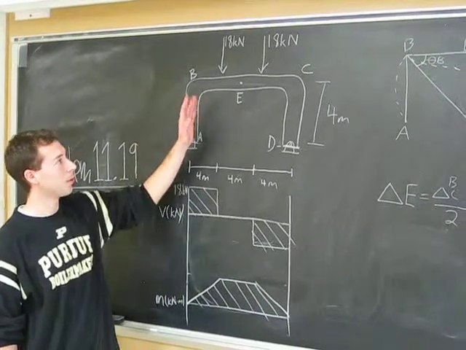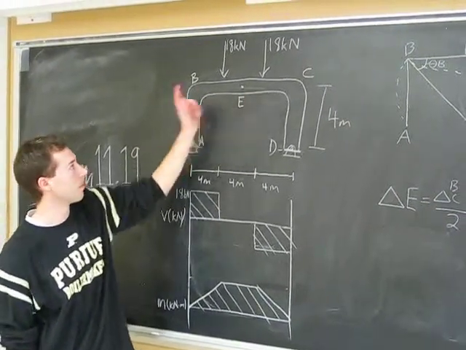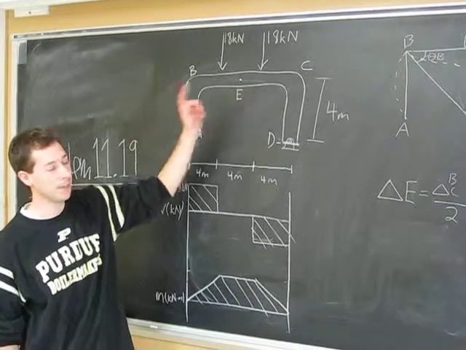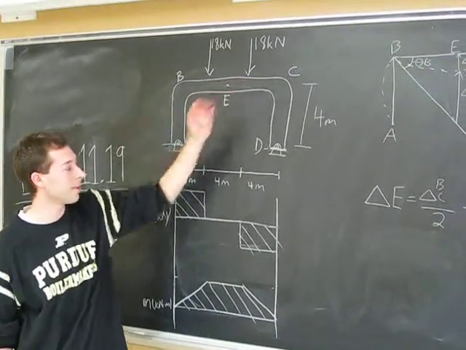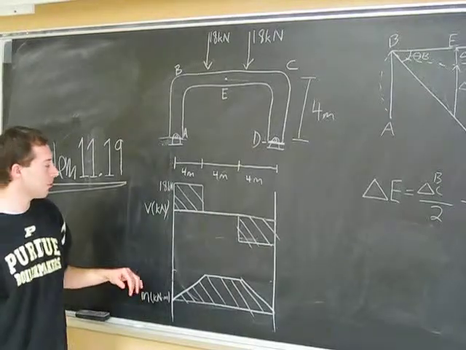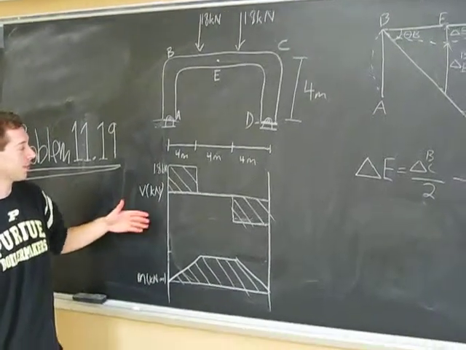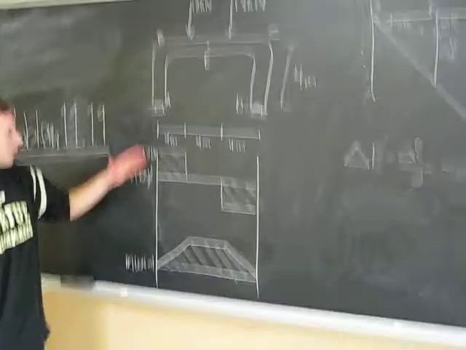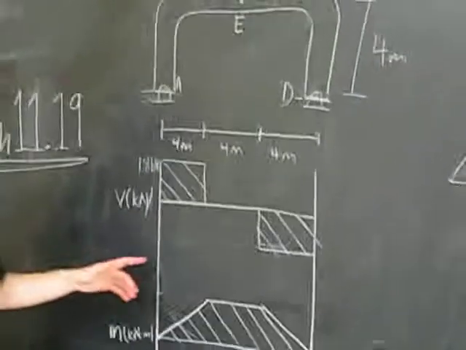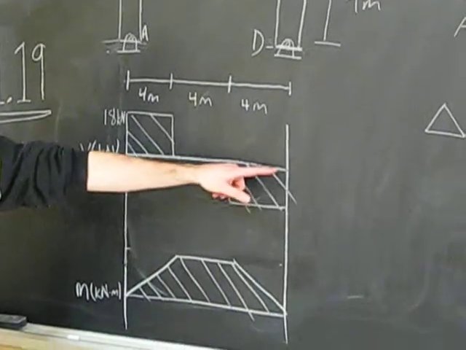If you section this member BC here and here, the shear diagram would look like this. You can tell it goes up 18 kilonewtons, and it ends, and then it checks at 0.